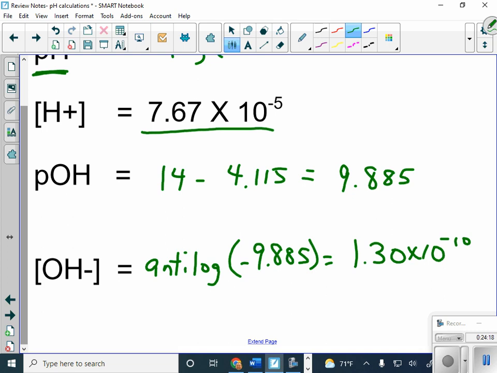My hydroxide ion concentration. That's 3 sig figs, Matthew. Okay.